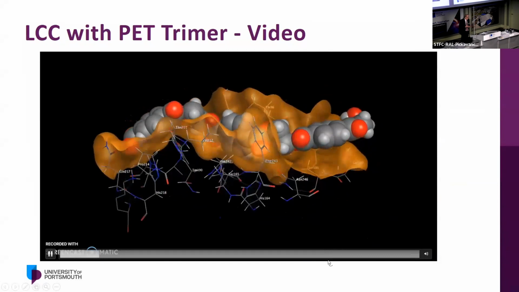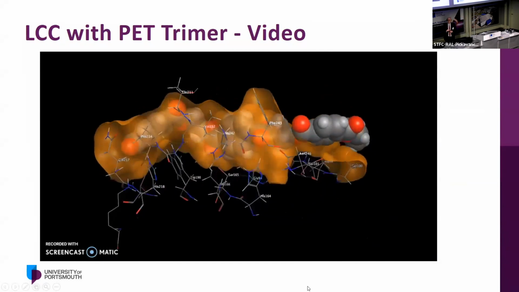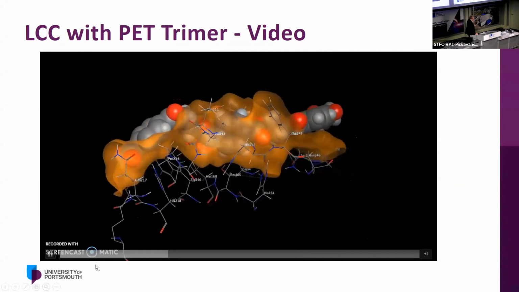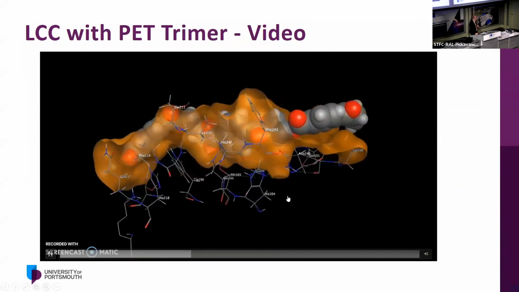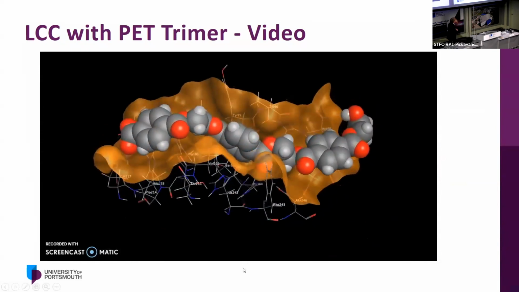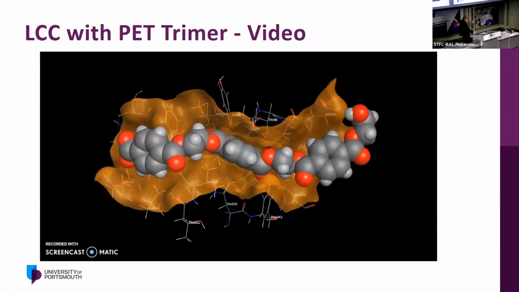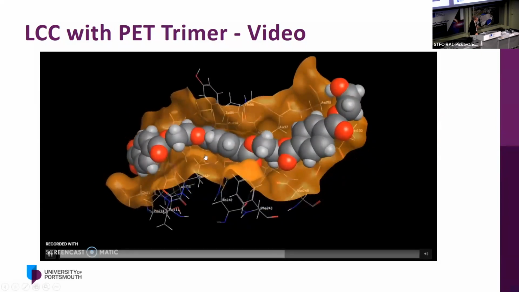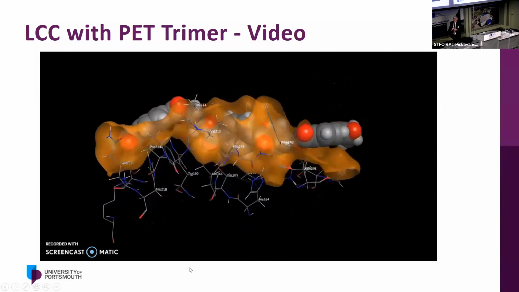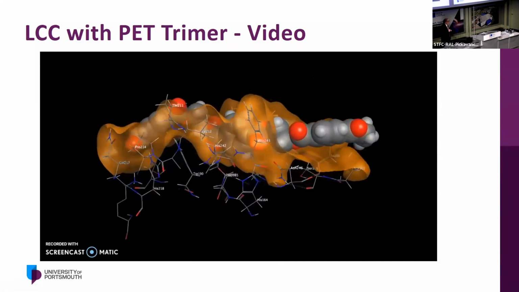at the docking location for the PET trimer within LCC. The orange here represents the binding pocket that the trimer binds to. And what we can see is that lovely binding pocket in the center, which is just the shape of a monomer of the PET.